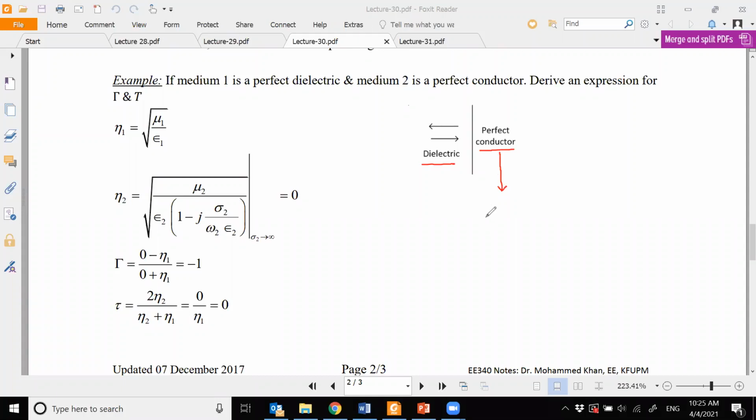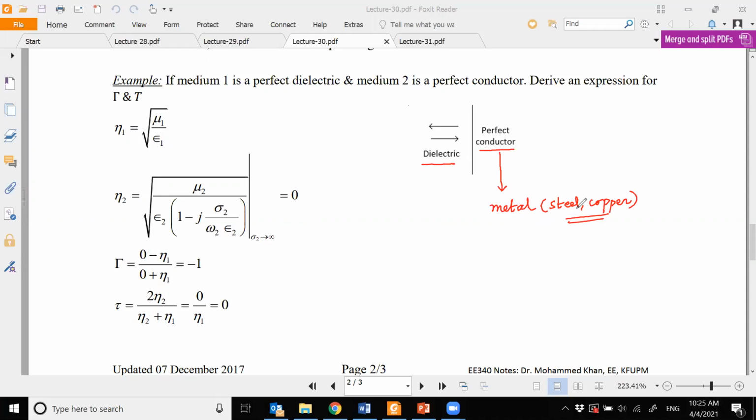That means you can think of it like a metal. So an air-metal interface: you can go for steel and copper, any metal, although they are not perfect conductors, but let's assume them to be perfect conductors.